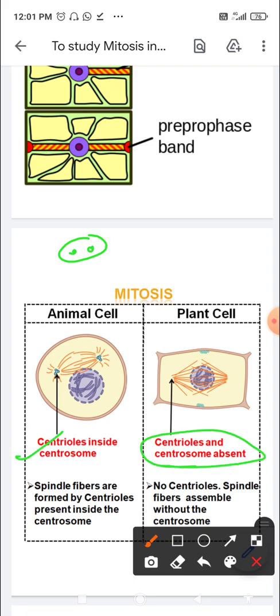Centrioles are cell organelles present in animal cells which are absent in plant cells. So in animal cells, spindle fibers are formed by centrioles. Now you see these centrioles, they move towards the opposite poles, and spindle fibers are formed from these centrioles only, right? Since there are no centrioles in the plant cells, spindle fibers assemble without the centrosome. So here you see there are no centrosome or centrioles present.